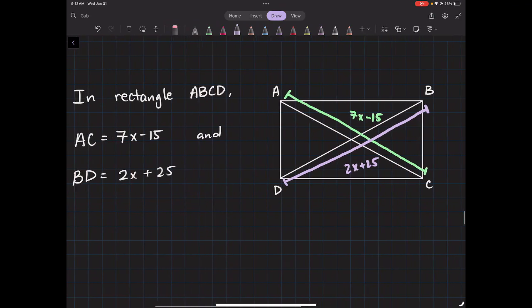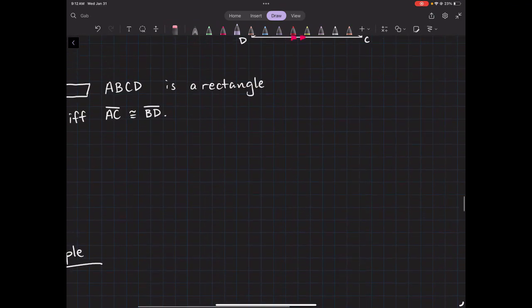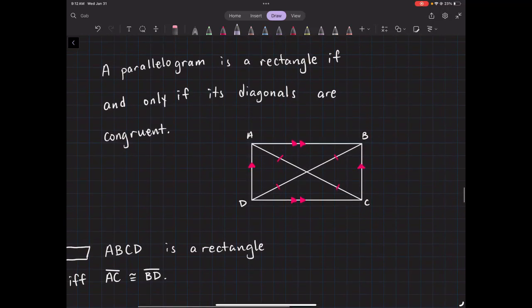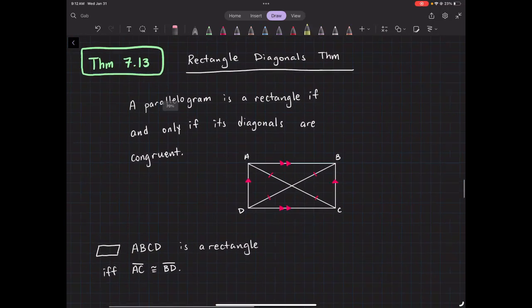But you don't even really need to write it in, because we're going to use this theorem: the diagonals will be congruent to each other. Maybe make a note so it'll be easier for you.